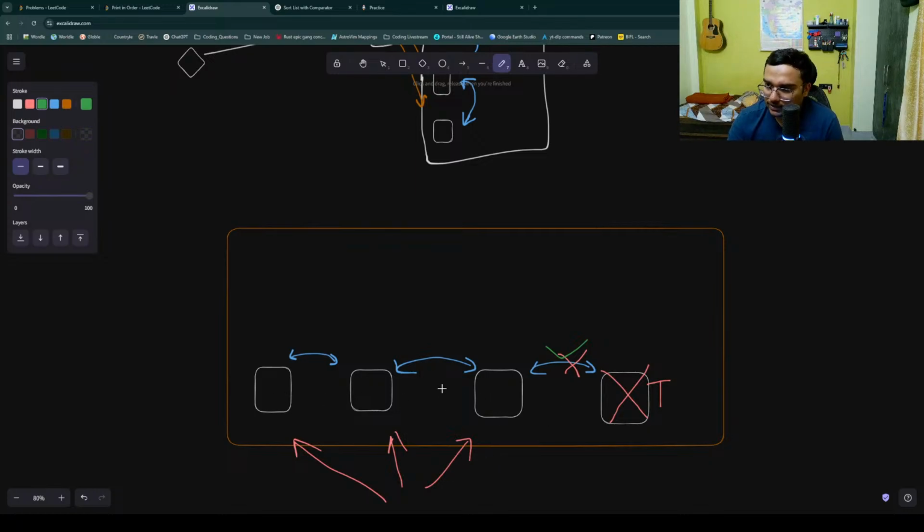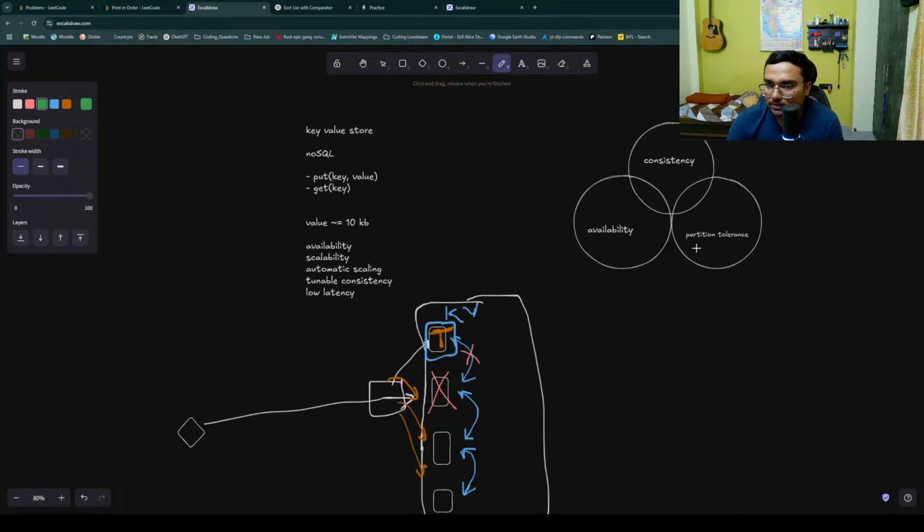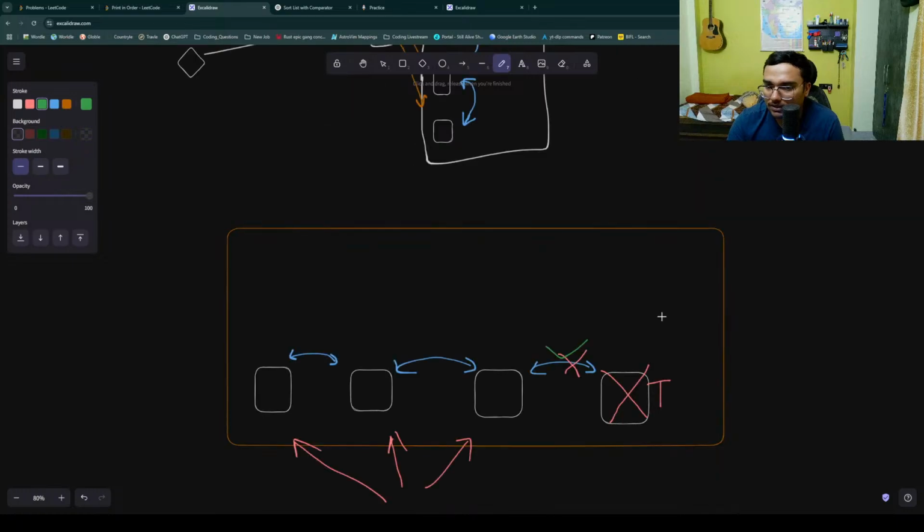Consistency is still there, yes, because these 3 are in sync. They serve the same data, they give the same value for every key. But availability is not there because this server is not functioning. This is not available. Now if we do the other 2, I mean partition tolerance and availability, how will that work?